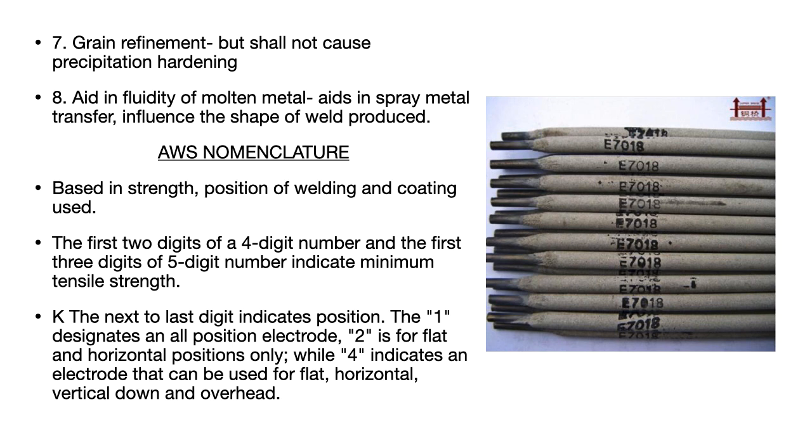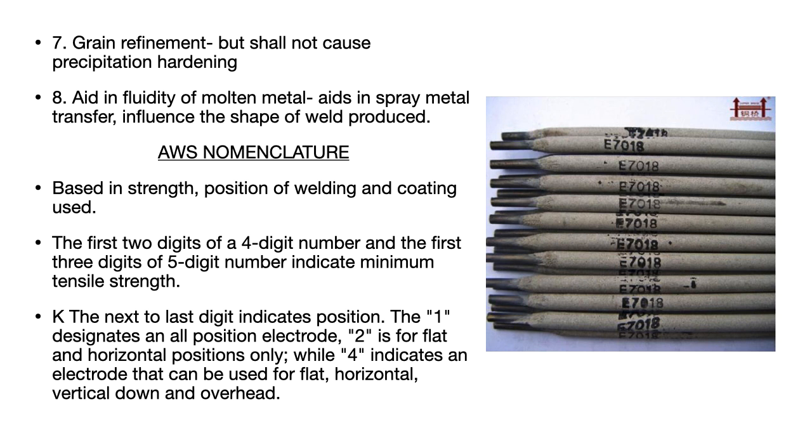The third digit can be either 1, 2 or 4. Wherever you see 1, you can use it in any location, because those electrodes can be used in all positions: horizontal, overhead, vertical, flat, anywhere.